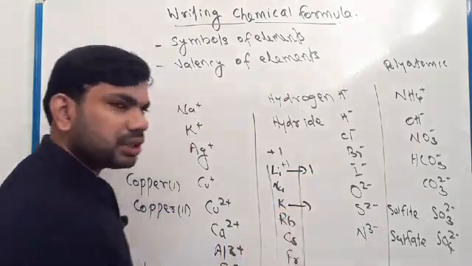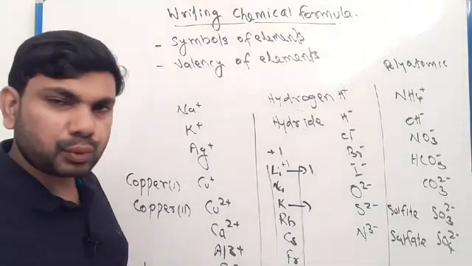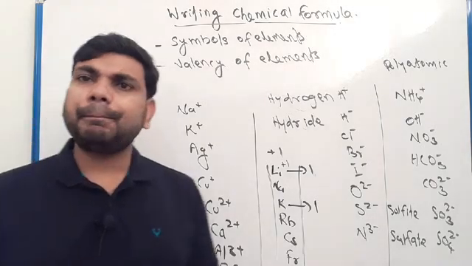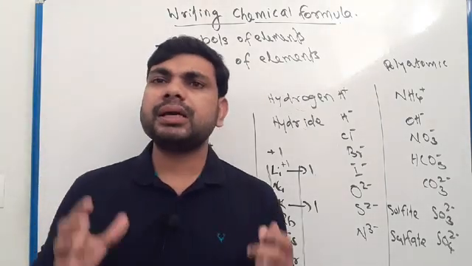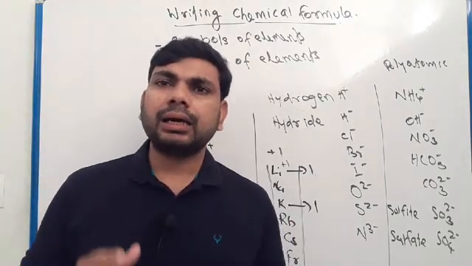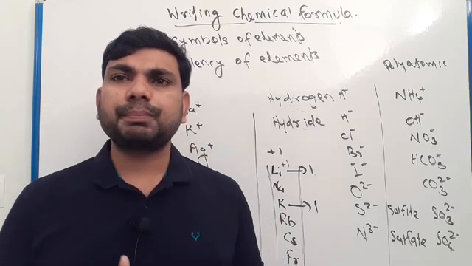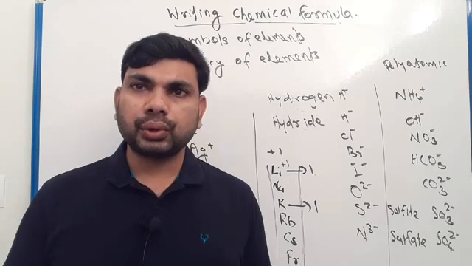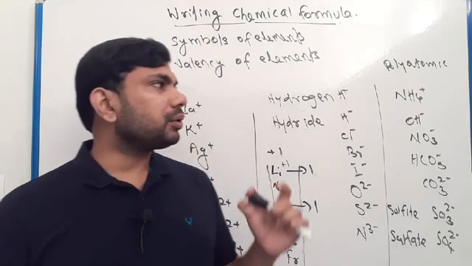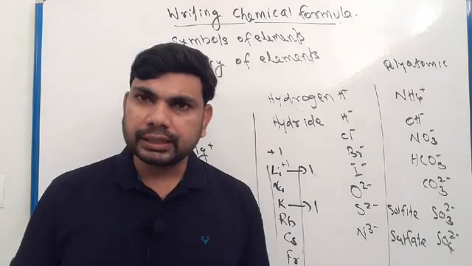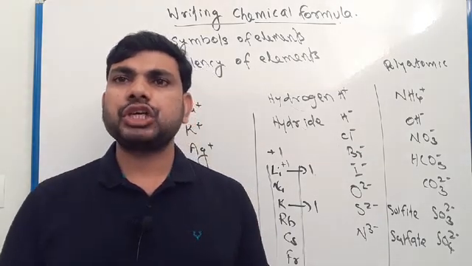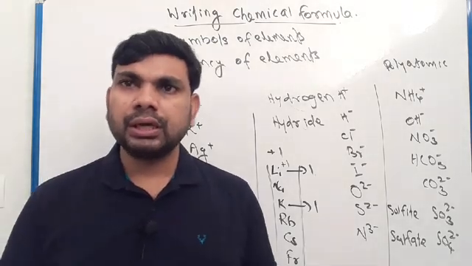Potassium is +1, so its valency is 1. Similarly, magnesium has charge +2, so the valency of magnesium is 2. Collect a periodic table and paste it in your notebook.